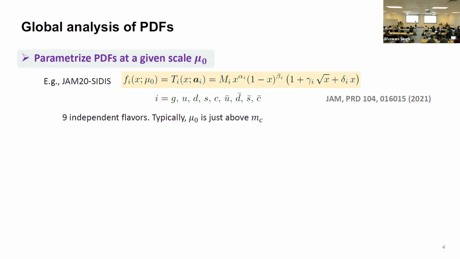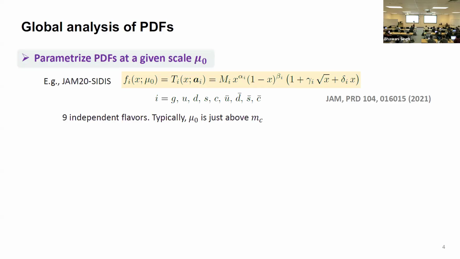So we can parameterize them in a certain way and fit them to all the data that we can have. So the starting point is we parameterize the PDFs at a certain chosen scale that I call mu naught. And you can parameterize this in principle in whatever way you want. But the typical way is to have the form of x to the power times the 1 minus x to the power, multiplied by a polynomial of x.